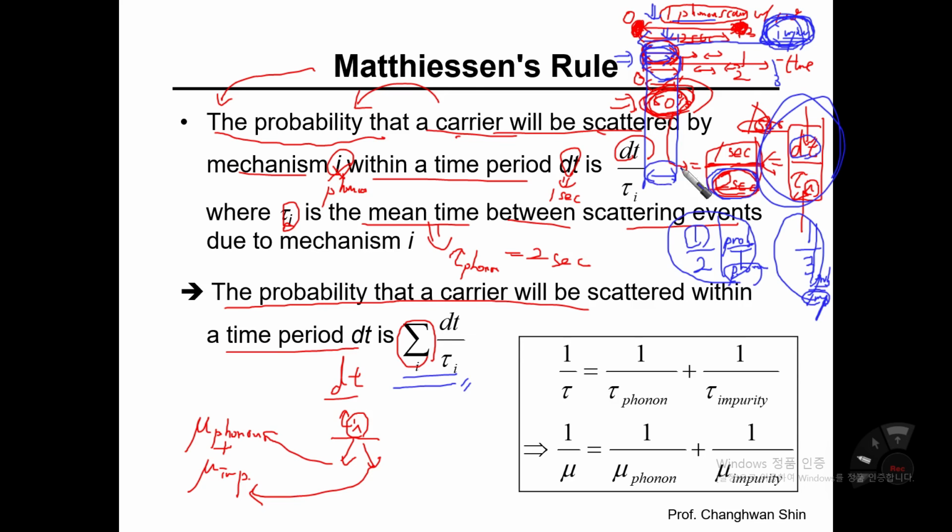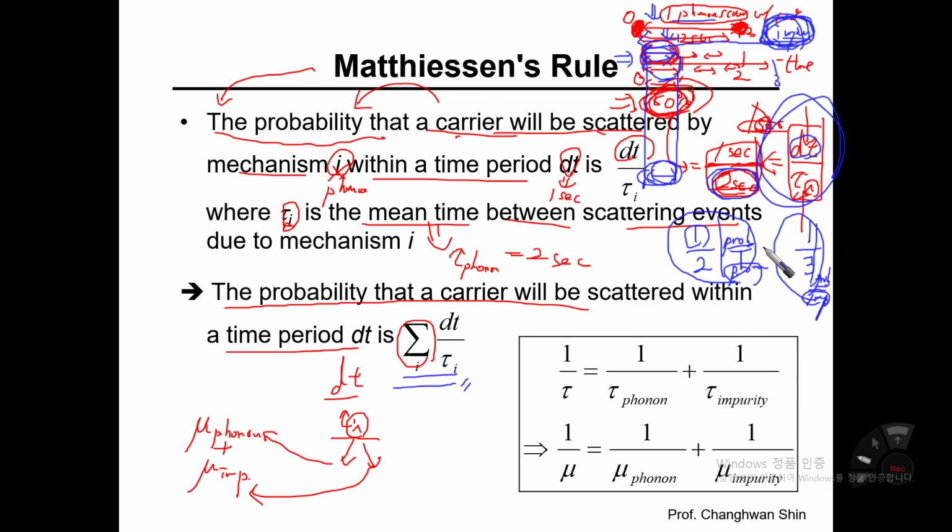Then the question is, in this time window, it doesn't matter the type of scattering mechanism. What is the probability value to see any type of scattering event? In this case, the scattering type doesn't matter.